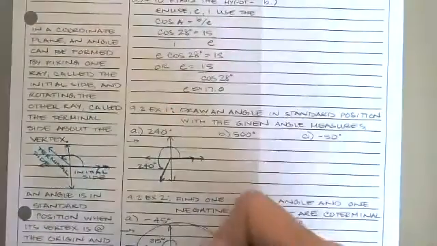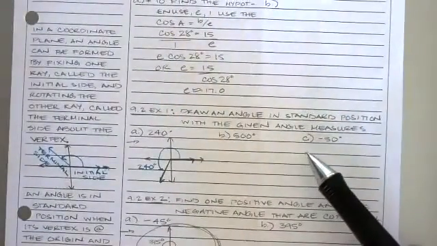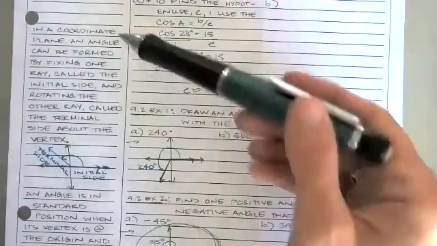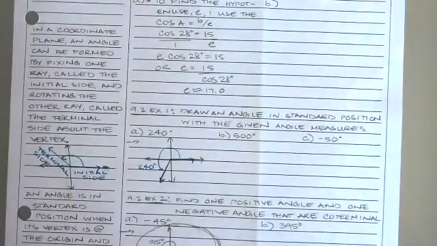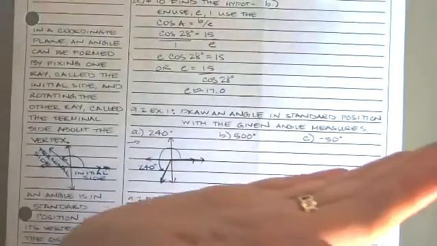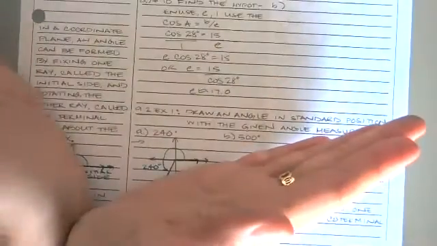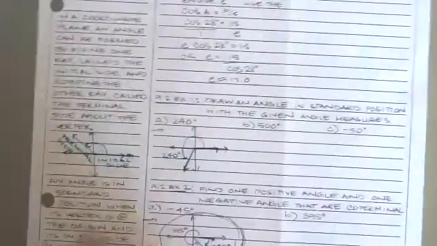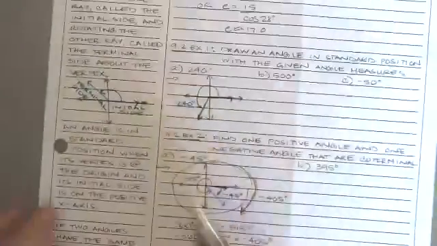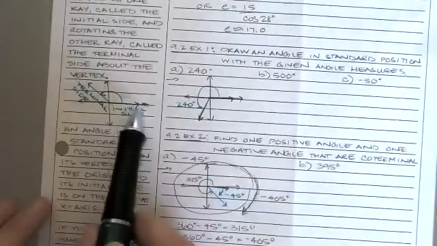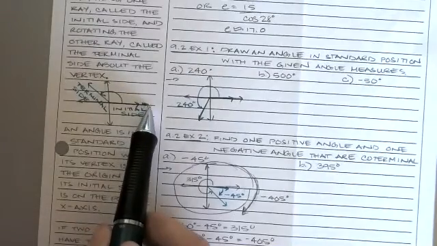So here's the definition we need for this example. In a coordinate plane, an angle can be formed by fixing one ray of it, called the initial side, and rotating the other ray, called the terminal side, about the vertex. So here's my drawing. This is the initial side, on the positive x-axis. That's important.